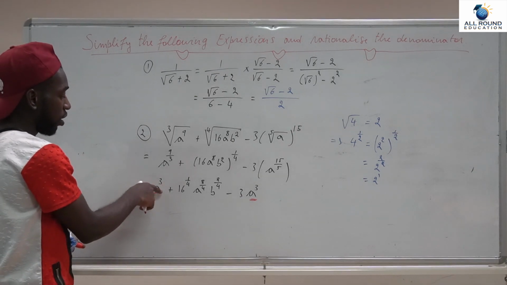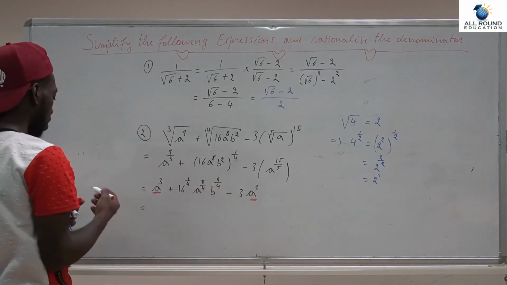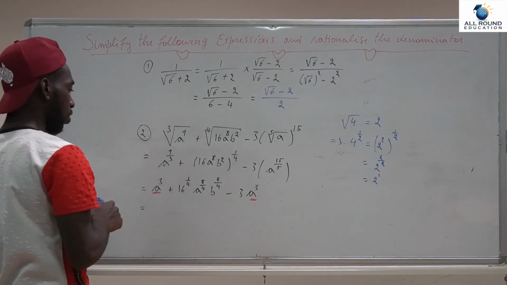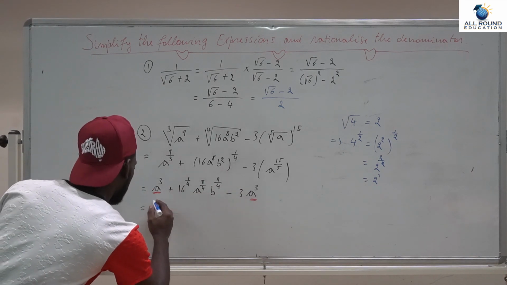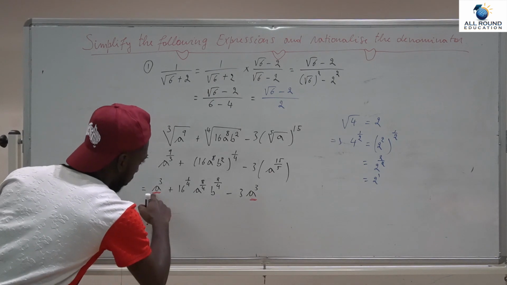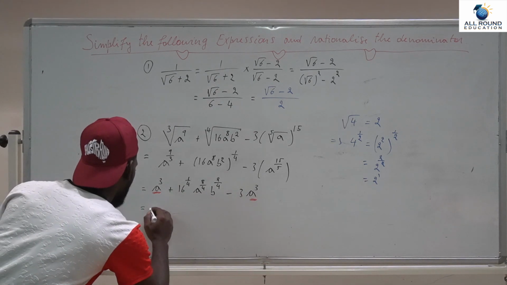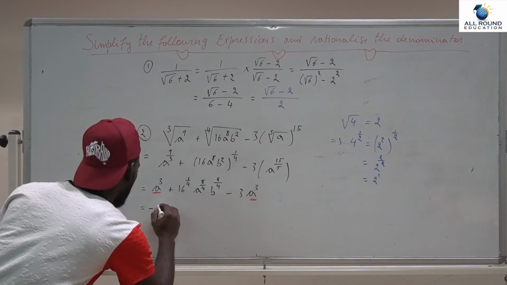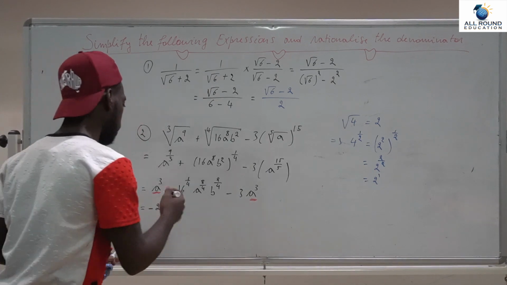So here you can see that it's to the power of 3, cubic, and here is cubic. So we can add them or subtract them, right? So what you then do, you can collect those ones. When you add, this is like plus 1, and this is minus 3. So you have minus 2 a to the 3, right?